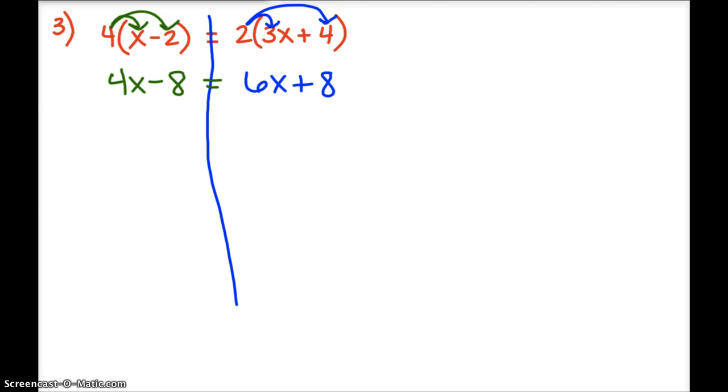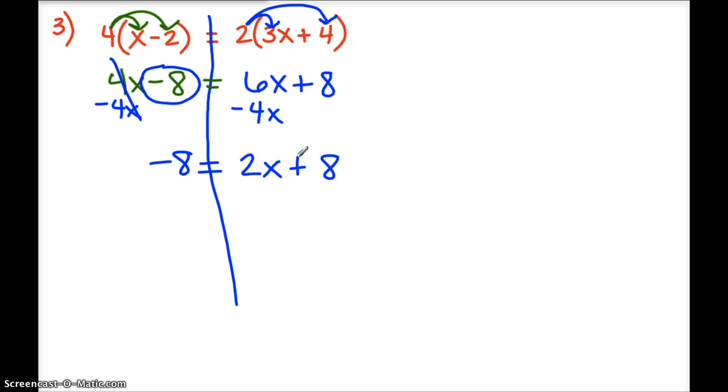I'm going to go ahead and move my 4x. Now this is a positive 4x, so I'm going to subtract 4x from each side. Now look carefully, over here I am left with a negative 8. Okay, and then on the right, 6x minus 4x is 2x, and then I still have the plus 8.